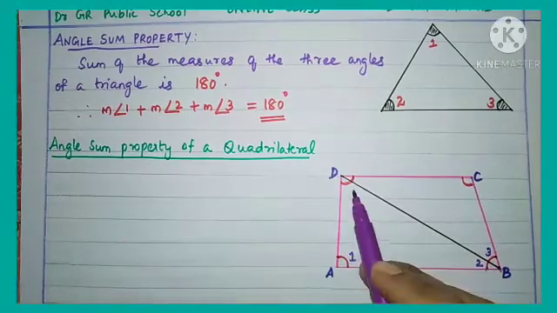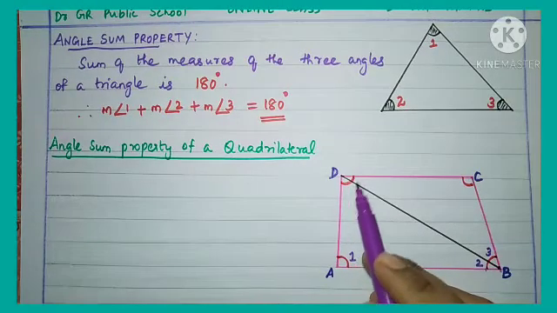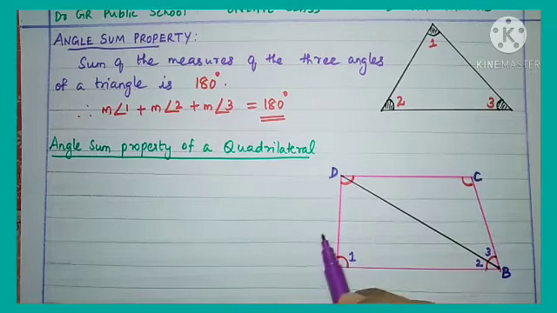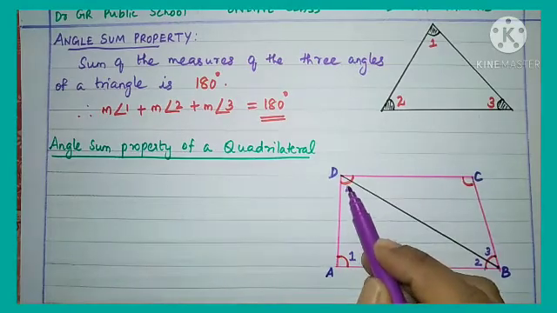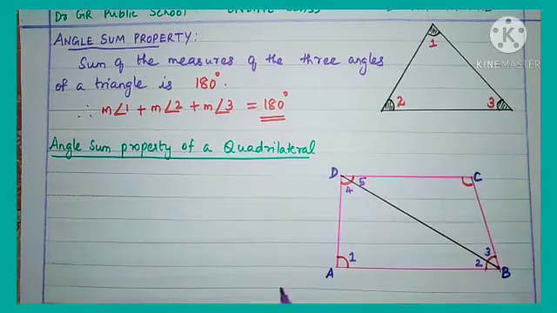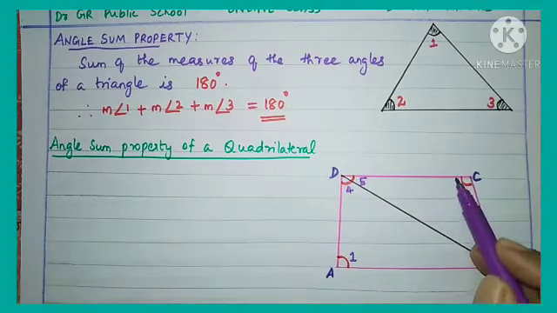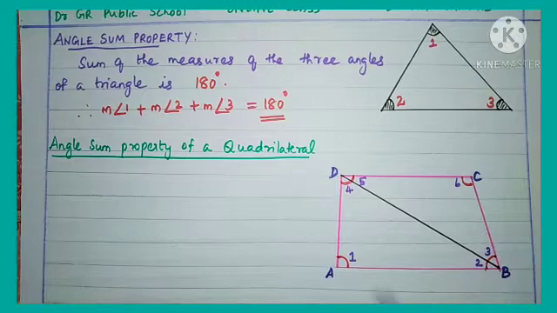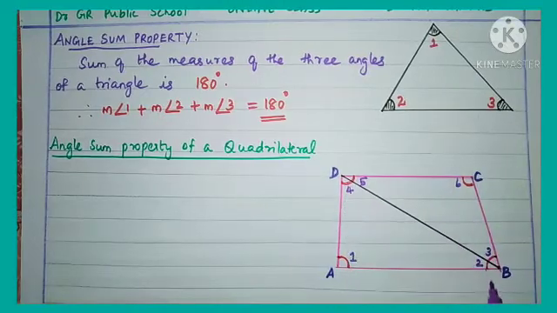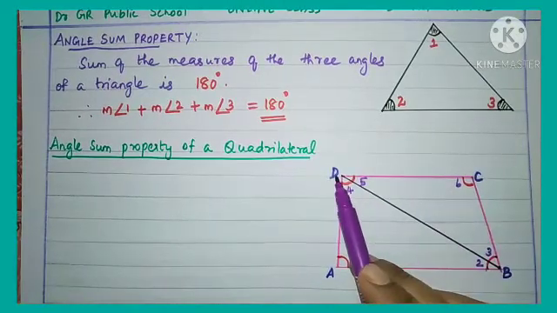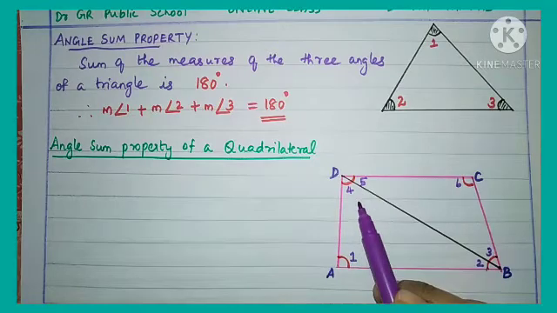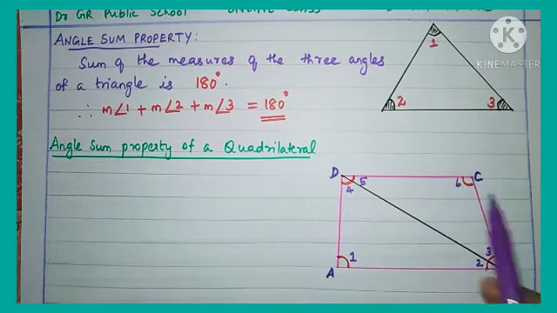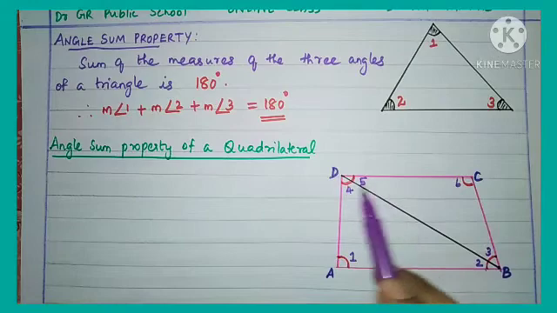I am naming these as 4 and 5, and this angle is 6. Understood? So we got 6 angles, and angle B and angle D are each divided into two angles.